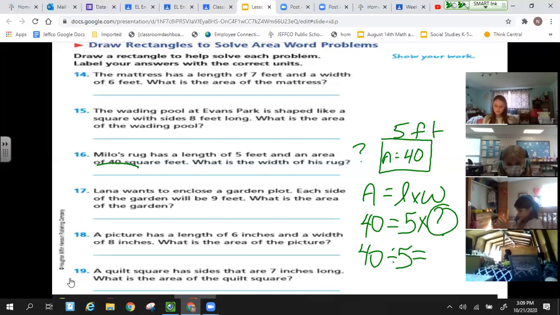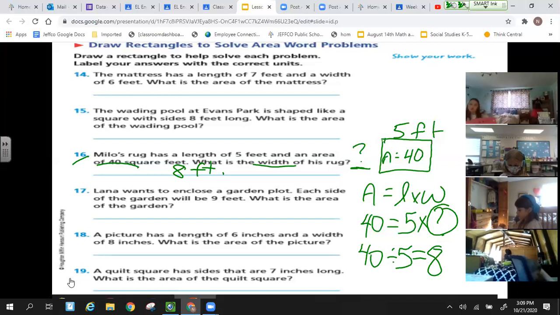Do you know how many 5s are in 40, Marin? She says 8. So now I could go back and say the width of his rug is 8 feet. So if you ever know the area and you have one side length, but you have to find the other, you can use the inverse operation to find that out. That's the only one like that, number 16. The rest are pretty straightforward.